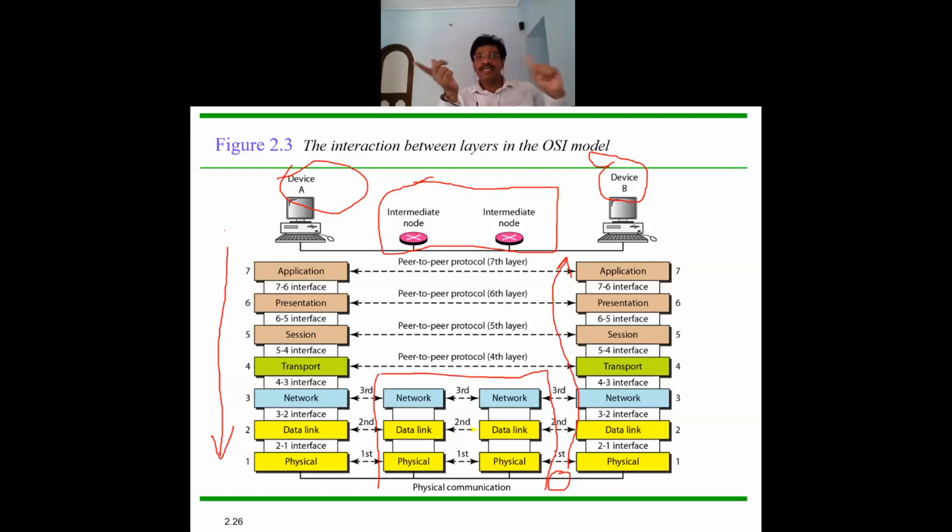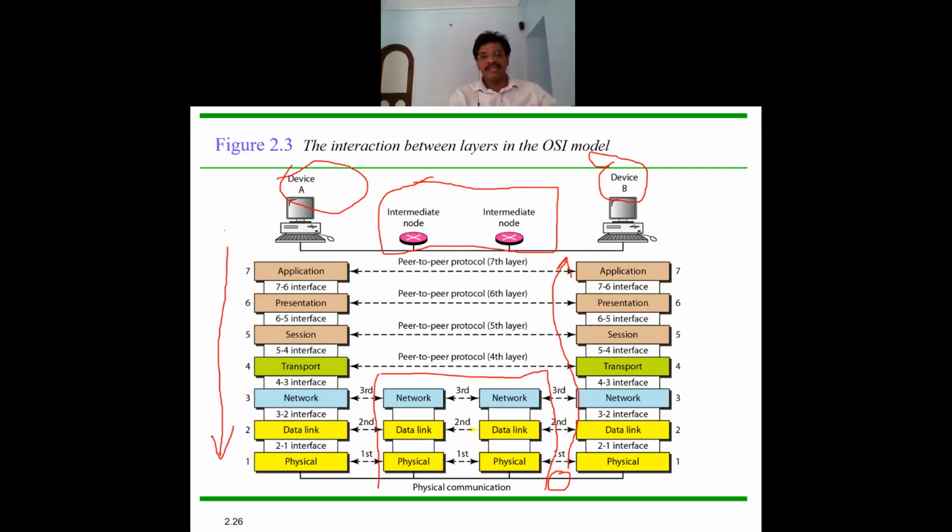So it's the peer-to-peer service that is being offered to the incoming data. Then and only then will the peer-to-peer configuration help us intelligently in retrieving the data. Whereas peer-to-peer services are not required at the lower three layers.